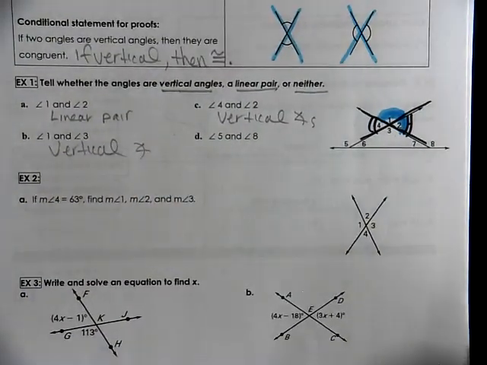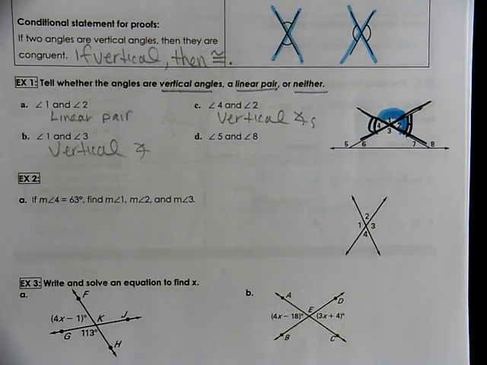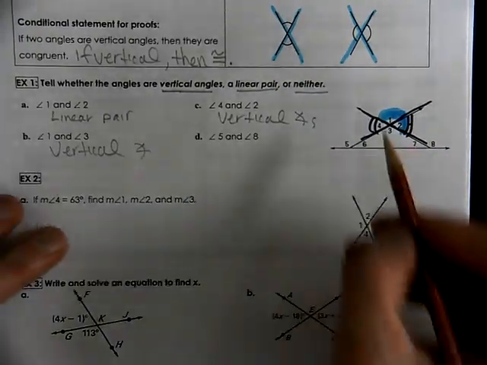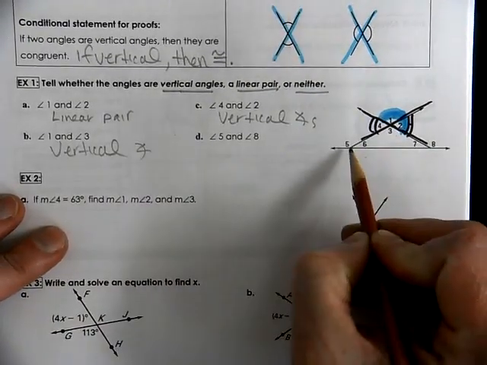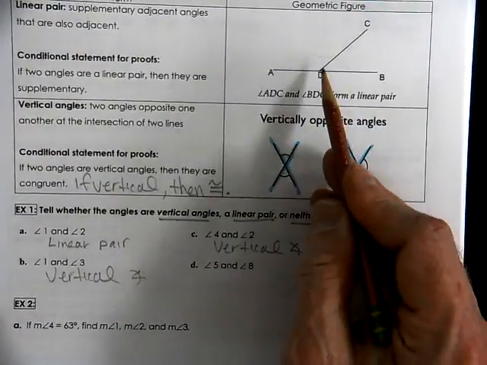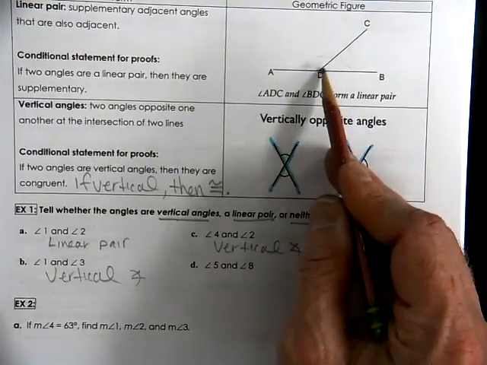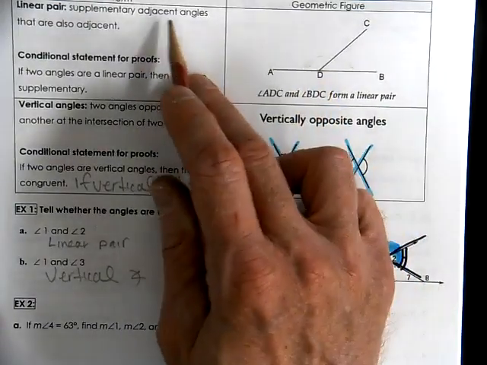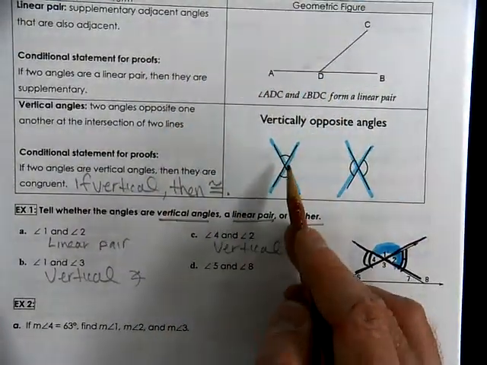5 and 8. What result did you come up with for 5 and 8? They have different vertices. 5 has a different vertex than 8. Linear pair has the same vertex because they have to be adjacent.